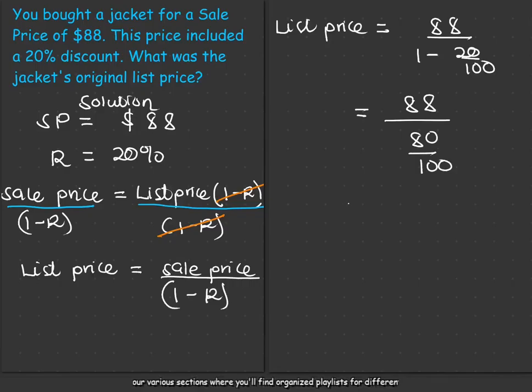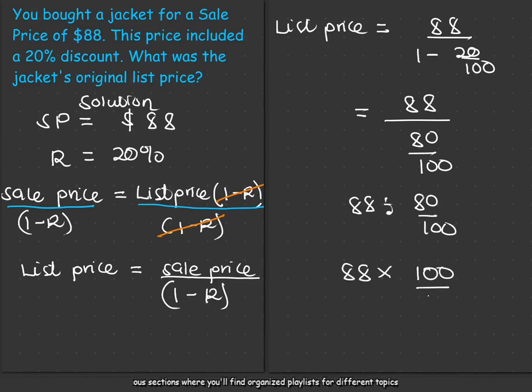So we can rewrite this as 88 divided by 80 over 100. And we know if you are dividing by fractions, we can rewrite that as a multiplication and then reciprocate the fraction. And with this, simplifying further, we know 8 divides 80 10 times, and it divides 88 11 times.